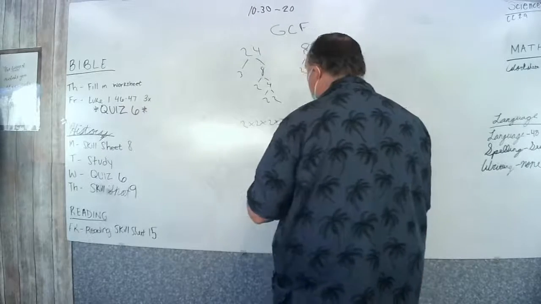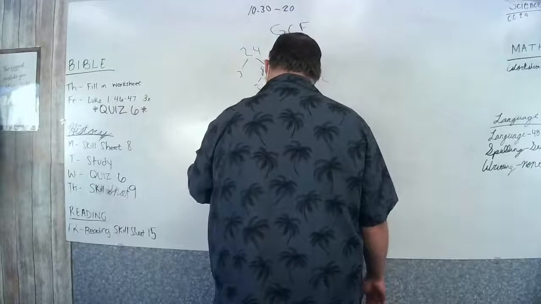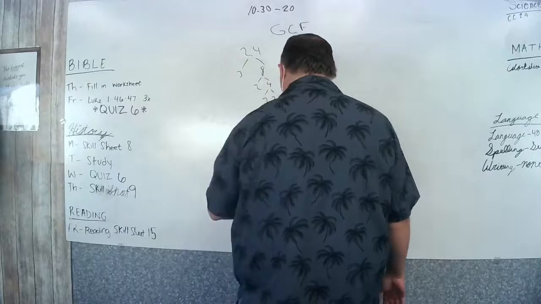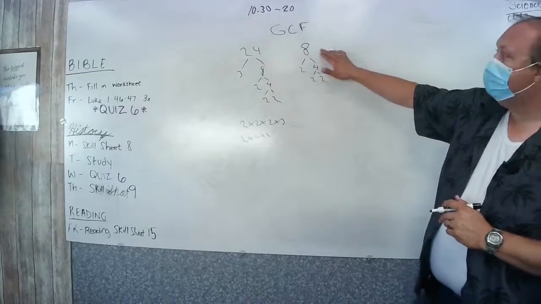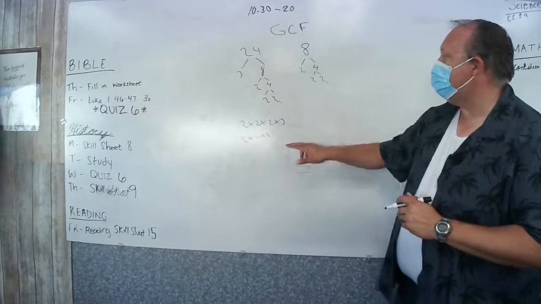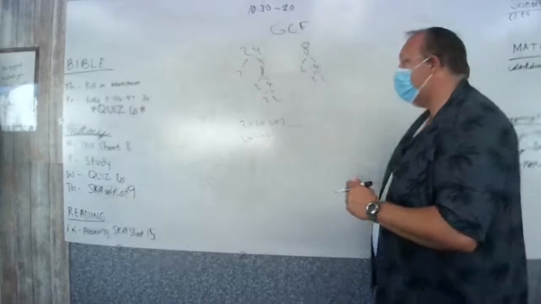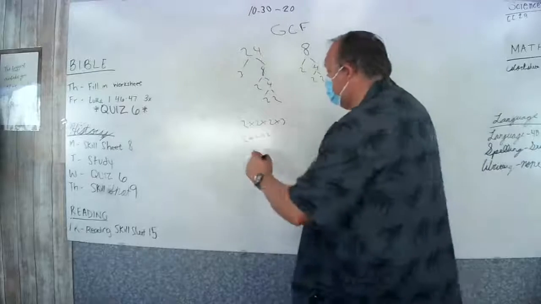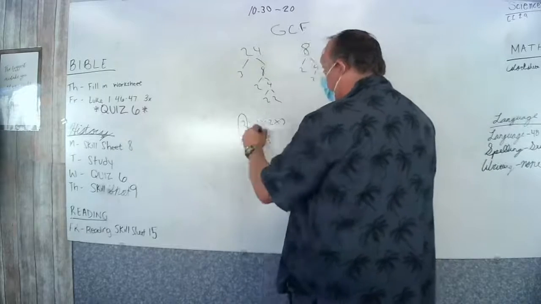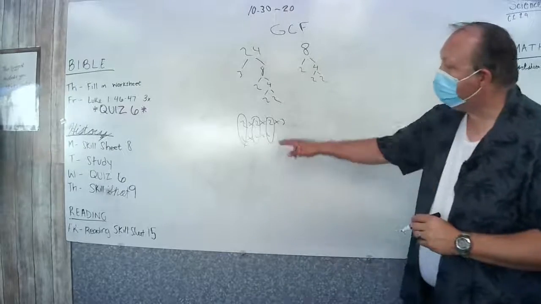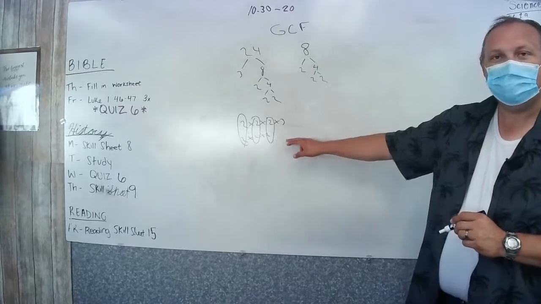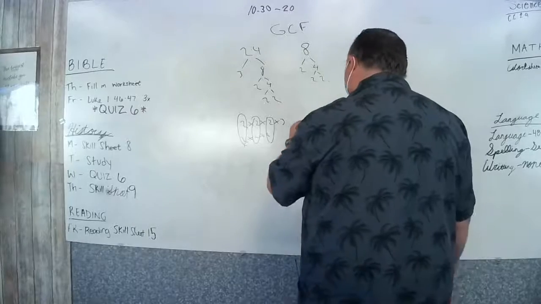Then we have 2 times 2 times 2. So if this was 8 instead of 10, we now have 2 times 2 times 2, right? Because we have 2's in common here, here, and here, whatever numbers you have in common, you multiply together.